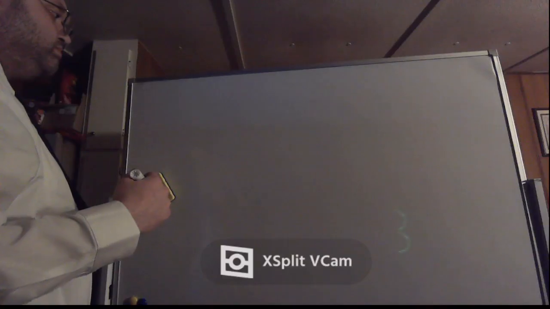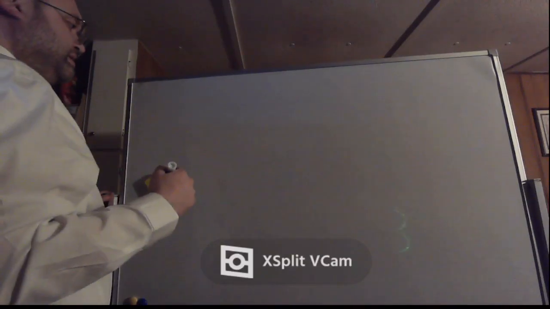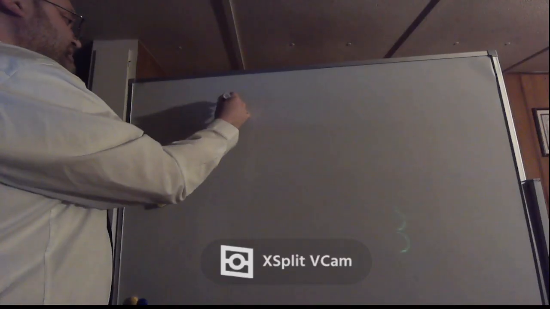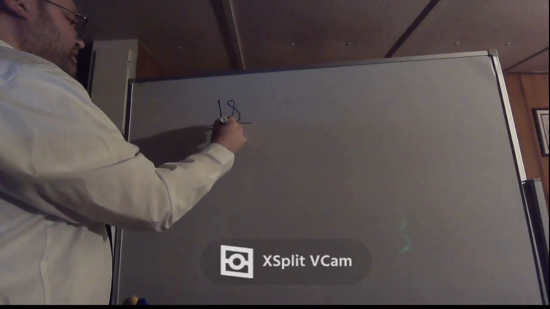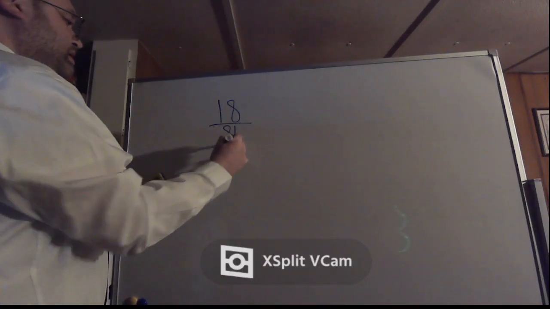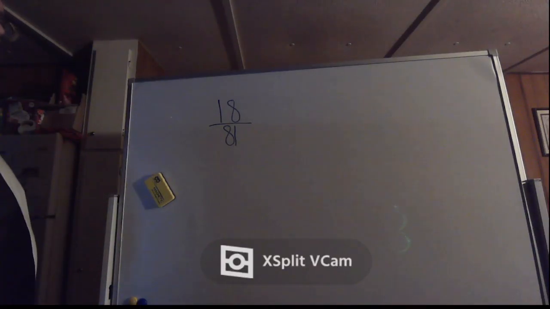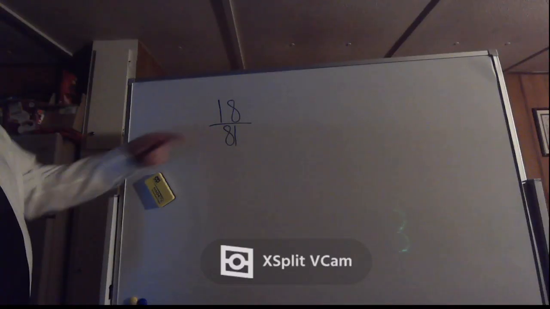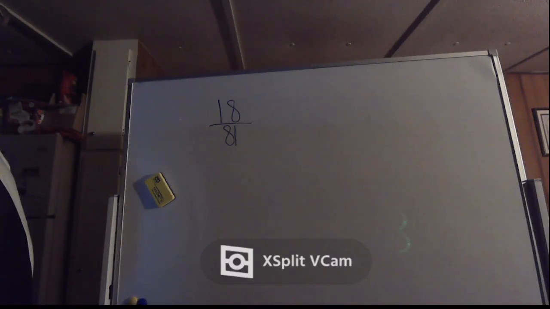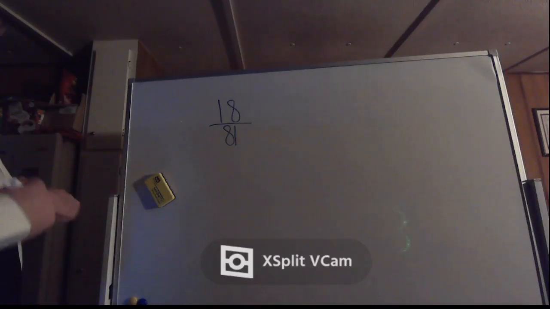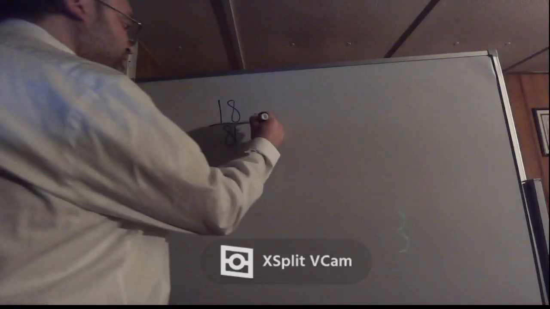Alright. How about if I gave you 18/81? Probably not as immediately apparent what it's going to be. 18 doesn't factor into 81 at all, so that's not going to cancel out. What other numbers would work? How about 9? We know 9's a factor of both.